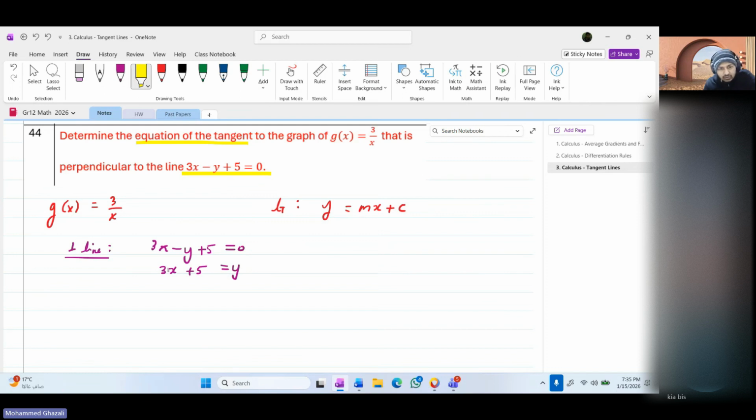So now we know the gradient is 3. Remember, this is the gradient of this known line. So the gradient of the tangent will be the negative reciprocal of this, which is negative 1 over 3, because the lines are perpendicular.